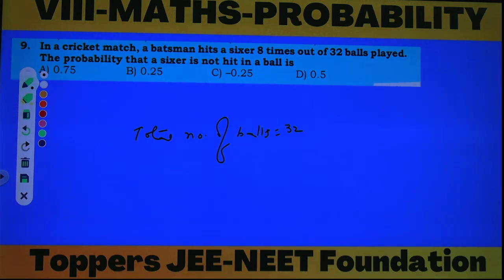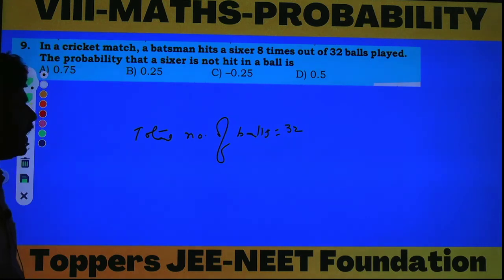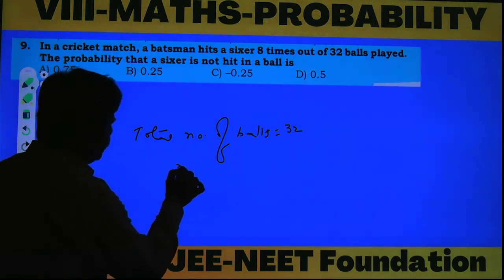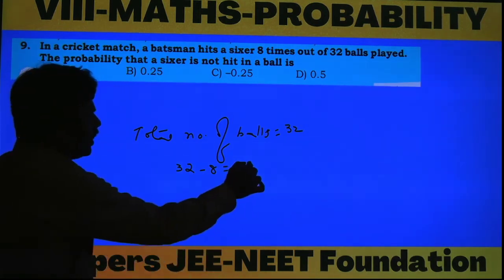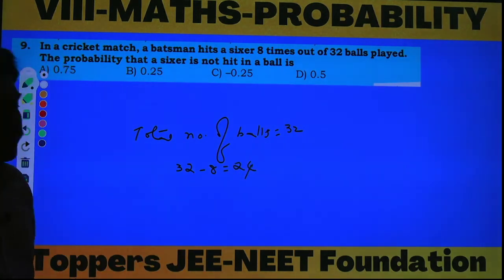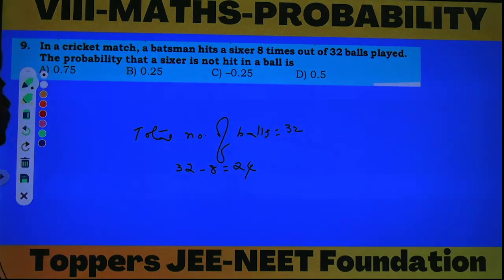Next, the probability that a sixer is not hit in a ball means out of 32, 8 are over, remaining are 32 minus 8, which is 24 balls. In these 24 balls, he didn't score even one 6. Therefore, let P of E be the probability that a sixer is not hit in a ball.